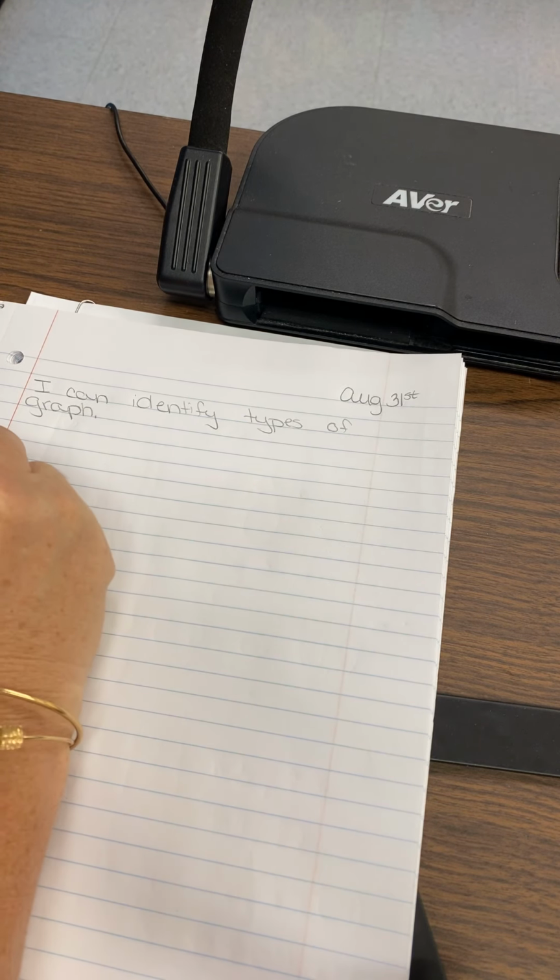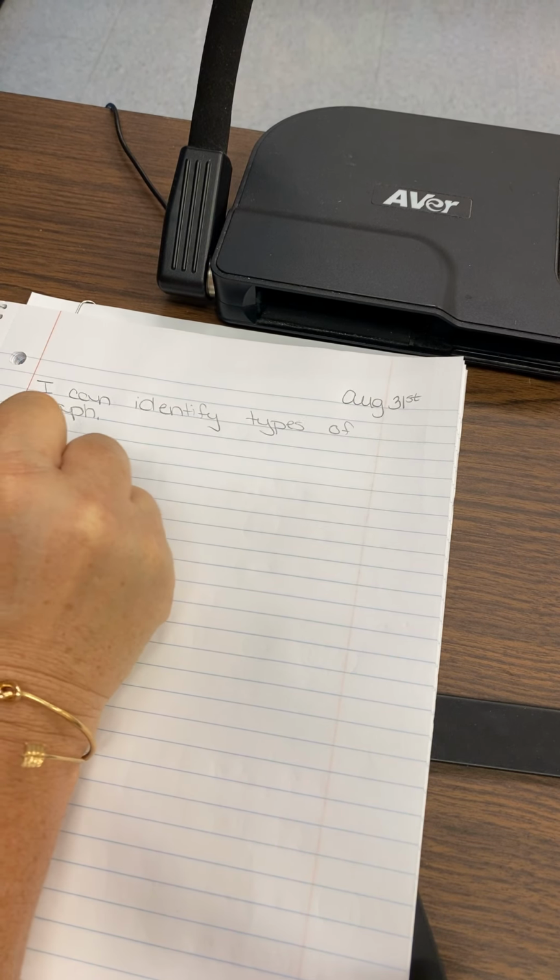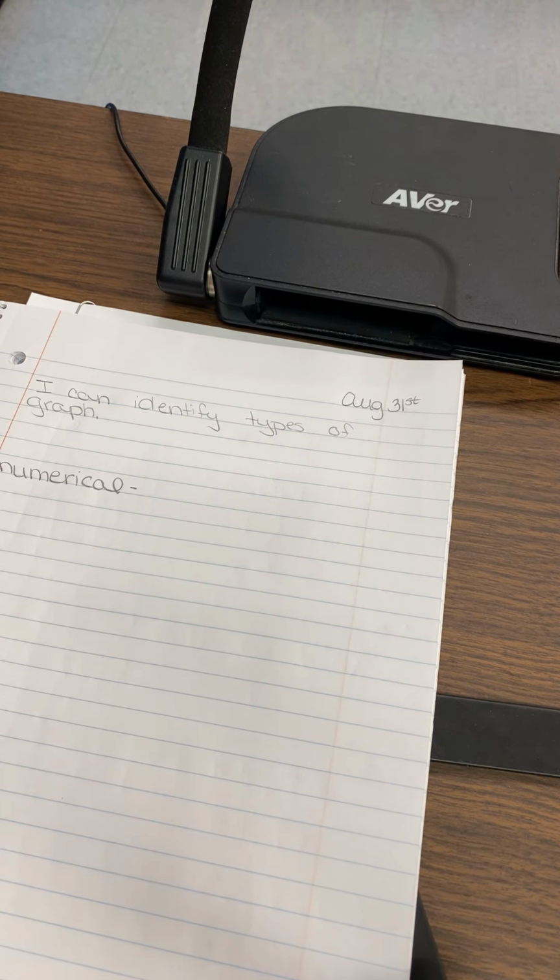And our first one is numerical. It's the numerical graph. So does anybody remember what numerical means? It has to do with something.